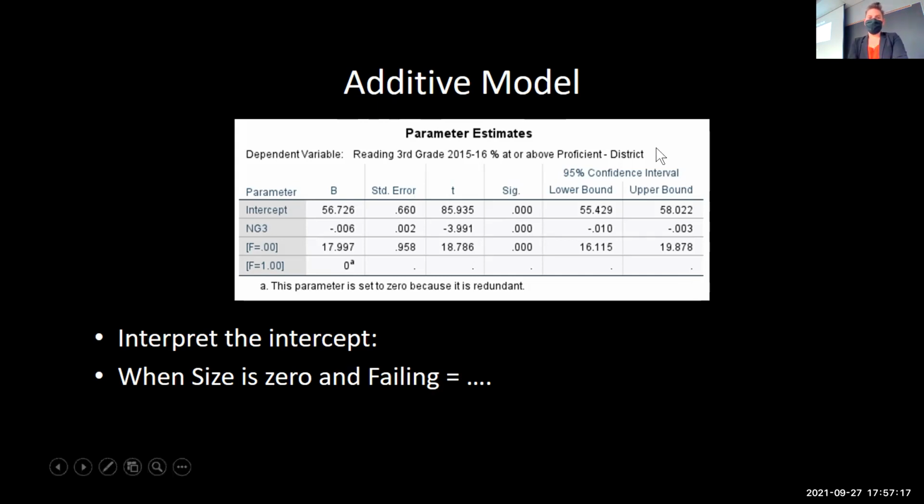So the first one's easy. When size is 0, which 3 is pretty close to 0, so I think that's pretty close to within our range of observed data. When size is 0 and whether they got an F is what?